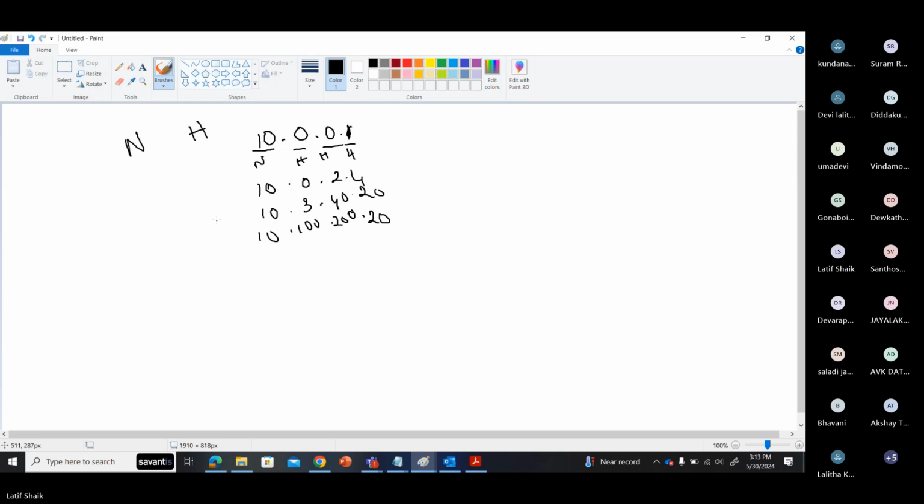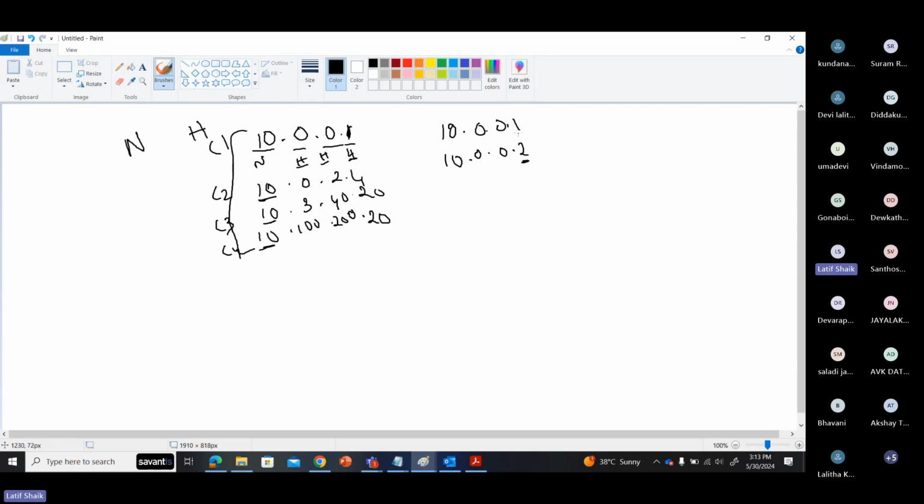Assign all these IP addresses to 4 devices, client 1, client 2, client 3, client 4. 4 computers, 4 IP addresses are assigned, and all of them can communicate with each other. How? Their network portion is the same. The host portion can be different in one or multiple ways. For example, this is the host portion I have, and I can have it like this, no problem.